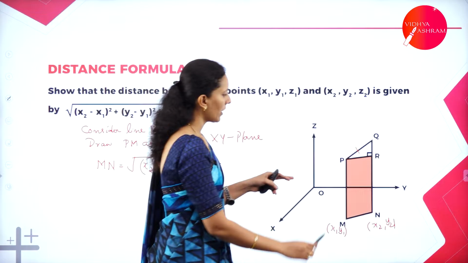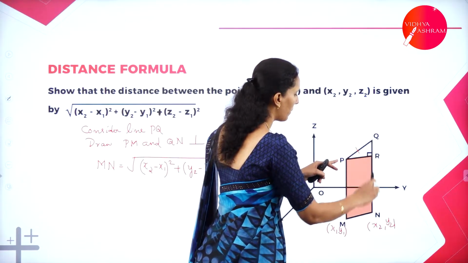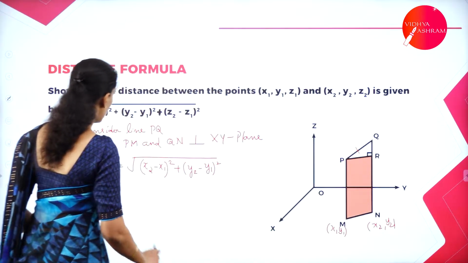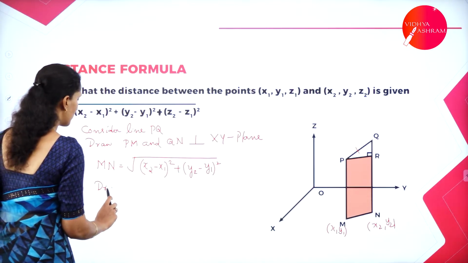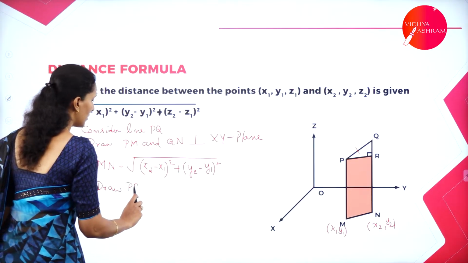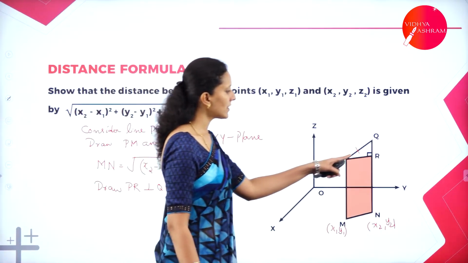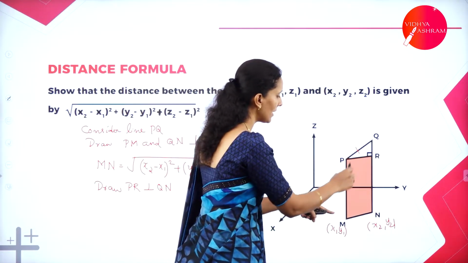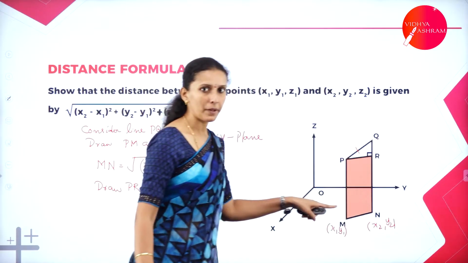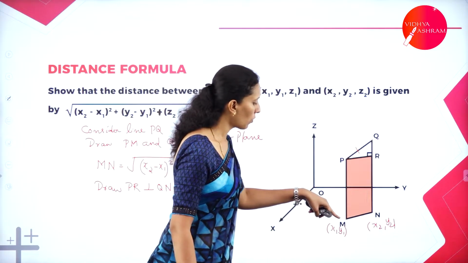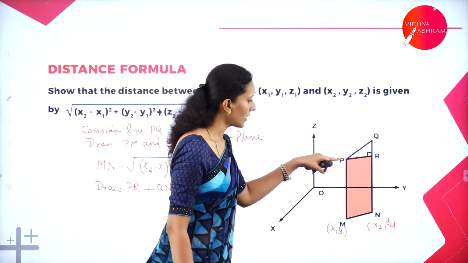Next, draw PR perpendicular to QN. If you draw this perpendicular, you can clearly say the shaded region will be a rectangle. So therefore MN is nothing but PR.